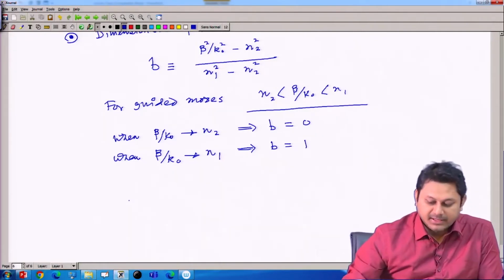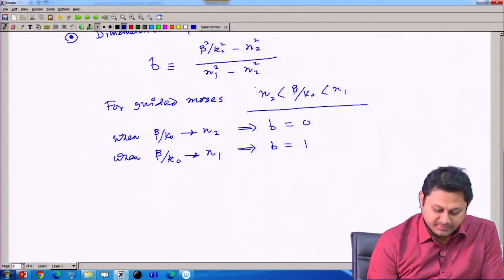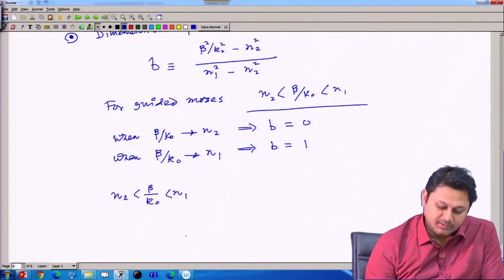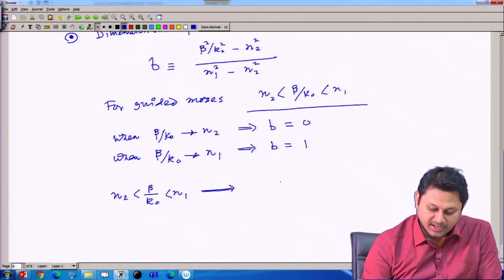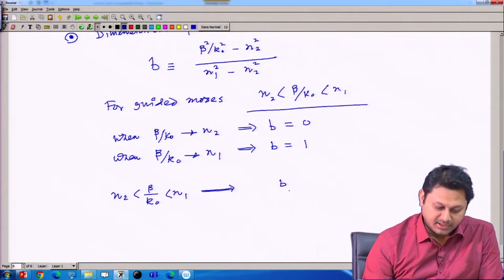So, that means I can reduce this guided mode restriction, which is in terms of beta divided by k0, where beta is the propagation constant, into a straightforward relation in B. That means n2 less than beta divided by k0 less than n1, this restriction for all guided modes, can be simply written in terms of B, the newly defined dimensionless propagation constant.